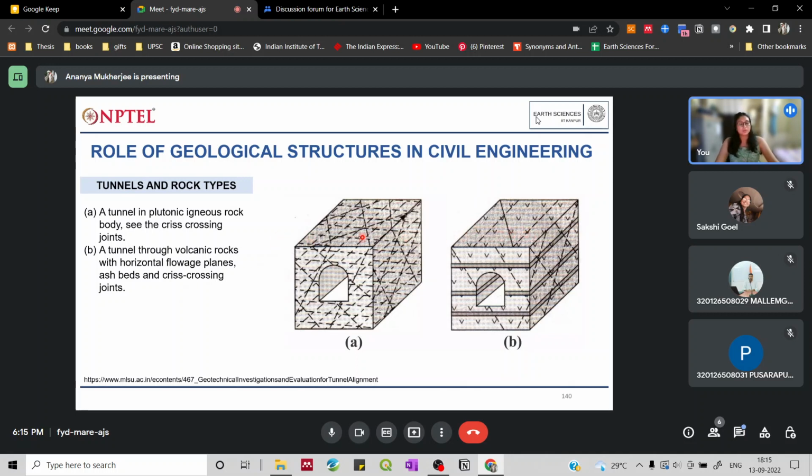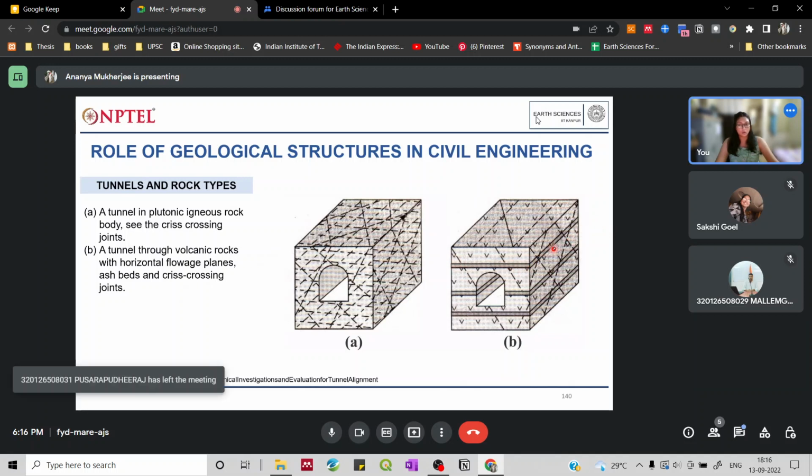Over here we can see there are different joints. See these dashed segments are actually joints. Both of these are jointed, and you can see there are a few horizontal beds in the volcanic rock also.